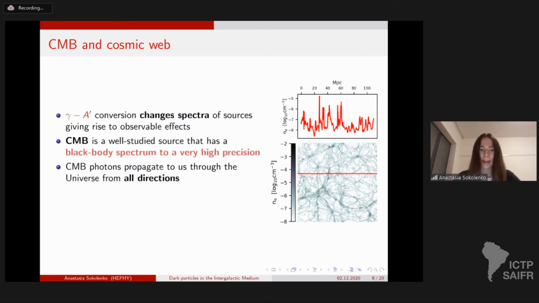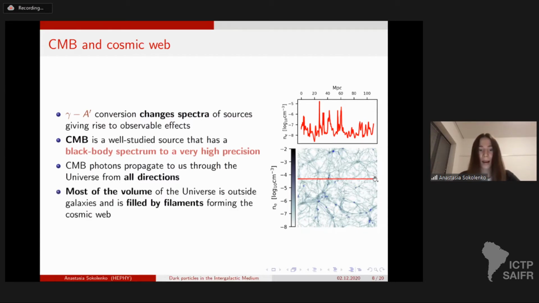And the CMB is an all-sky survey, and when a CMB photon propagates through space, it quite rarely happens that it will meet some galaxy or cluster. Our space is mainly filaments. It's just intergalactic medium. And for example, in this plot, you see the size of galaxies.